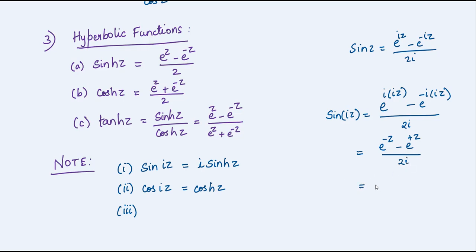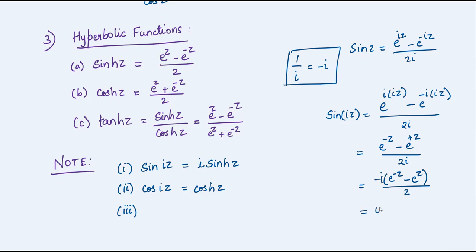Now 1 by i is equal to minus i, isn't it? Because i square is equal to minus 1. So i into i is minus 1, so i will be equal to minus 1 by i, or 1 by i equal to minus i. So with this, you get a minus sign: minus i times e power minus z minus e power z by 2.